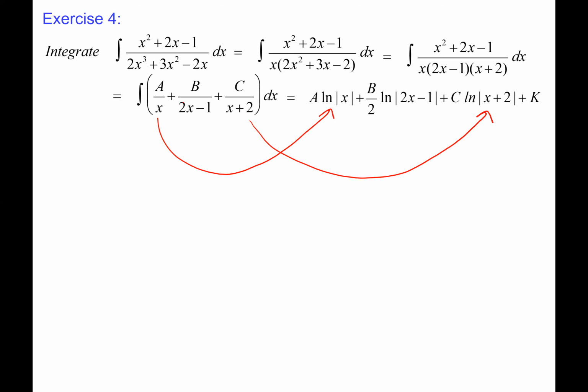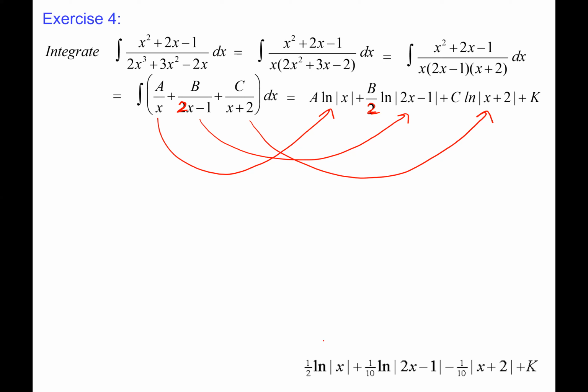But since we have coefficient 2 on x, this will give me an additional half if you do the u substitution. We do have 2x, but we need that half to divide by 2. The coefficients A, B, and C you can try to do, okay? But we will skip this.